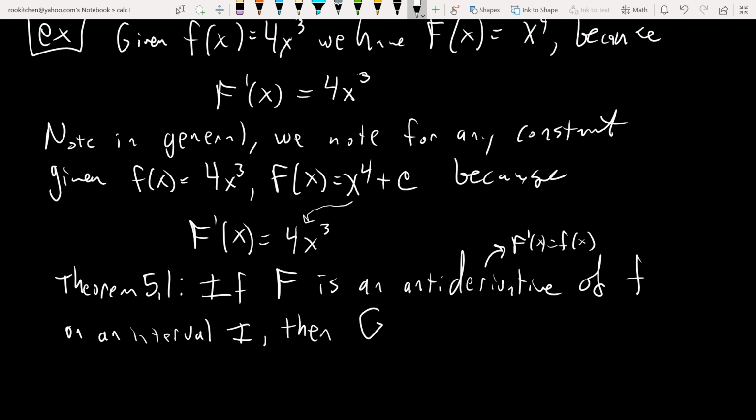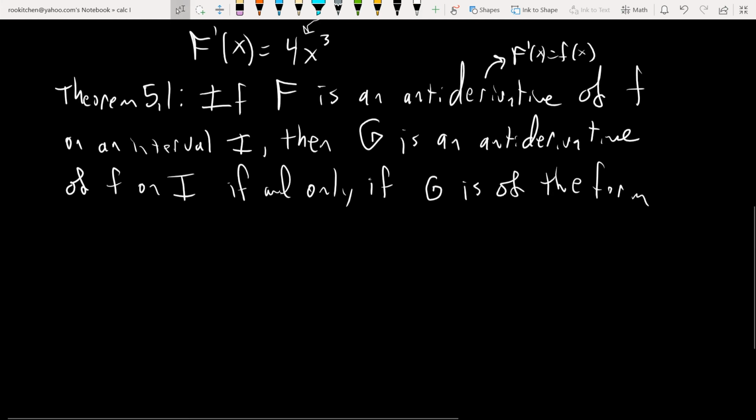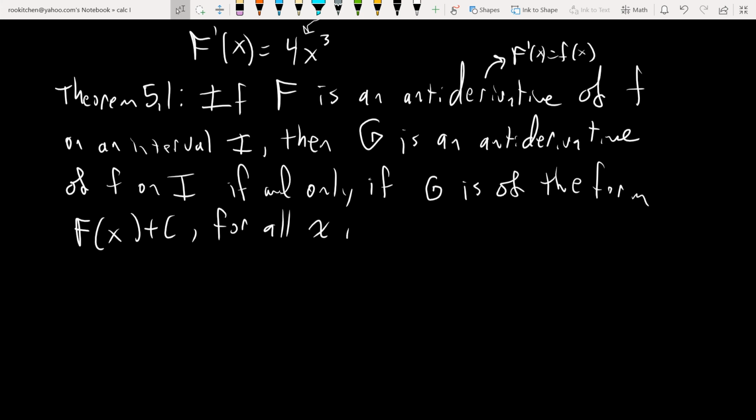Then big G is also an antiderivative of f on I if and only if G is of the form big F of x plus c for all x in I, where c is a constant.